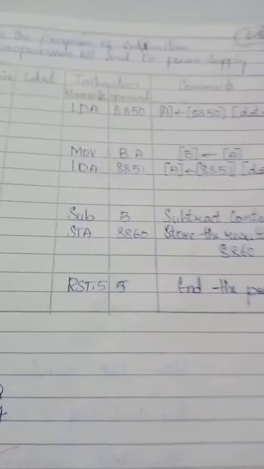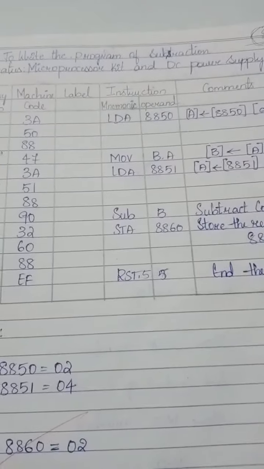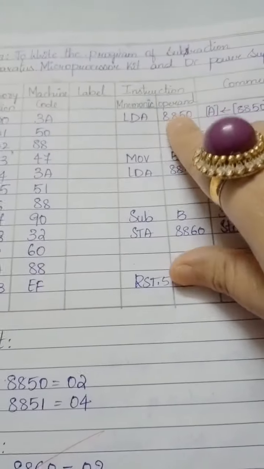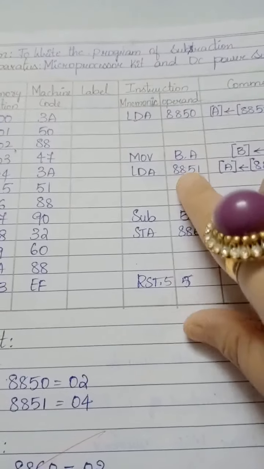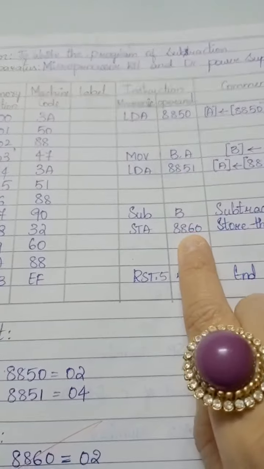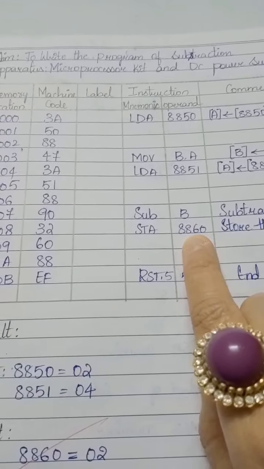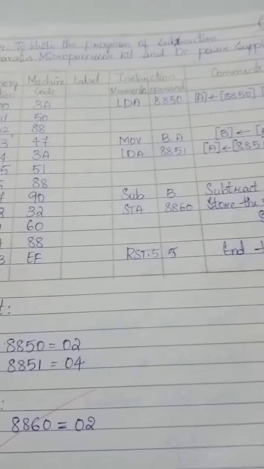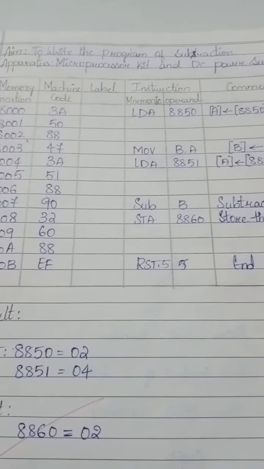Now we will execute this program, subtraction of 8-bit numbers. You can see I have loaded the first number in 8850, then the second number in 8851, then the result will be stored at 8860. Now we will get the confirmation whether it is executing or not.